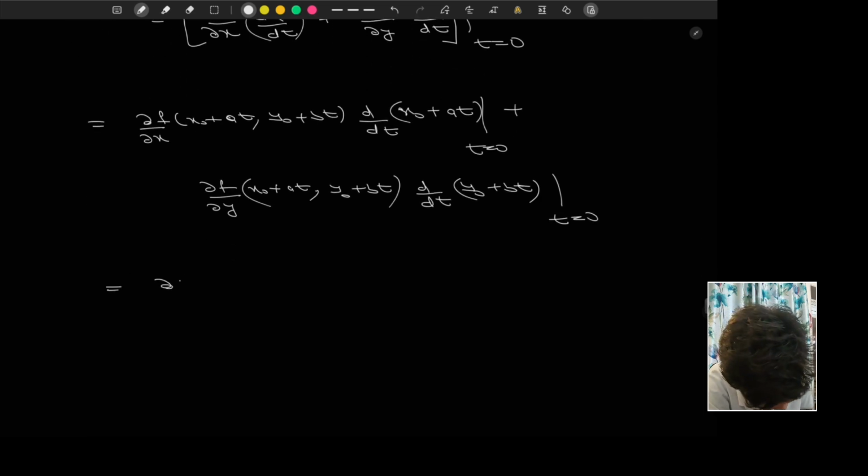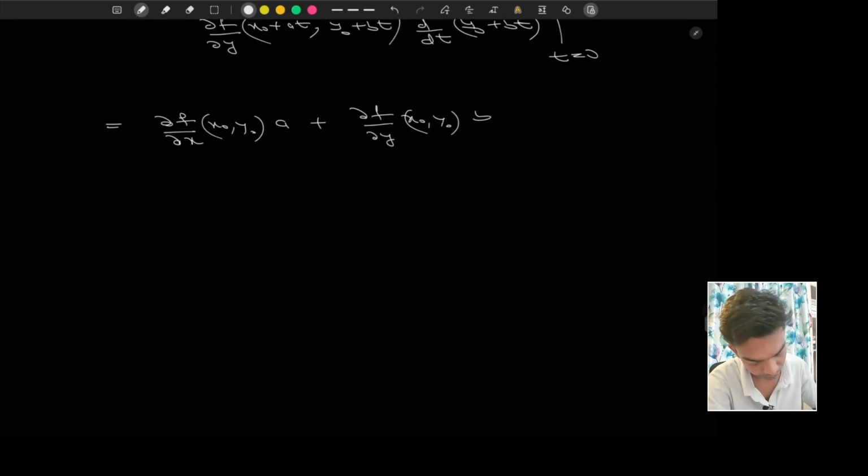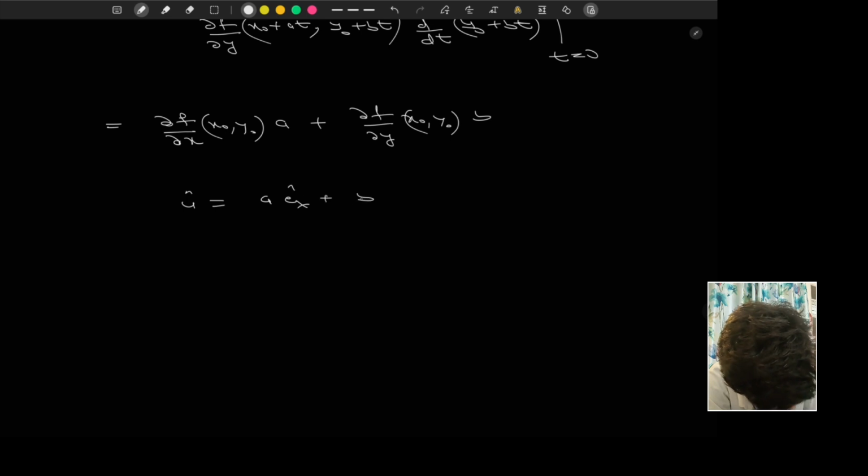So when I evaluate everything at t is equal to 0, I get df by dx at x0 y0 into a plus df by dy at x0 y0 into b, right? And we know that your u vector is nothing but a ex cap plus b ey cap.